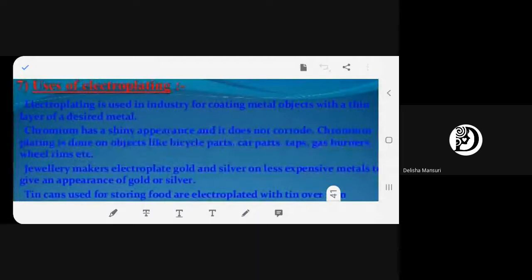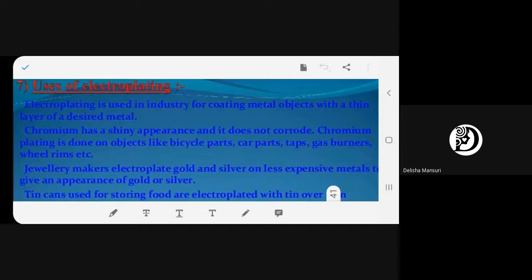Electroplating is used in industry for coating metal objects with a thin layer of a desired metal. Chromium has a shiny appearance and it does not corrode. Ma'am, what is the meaning of corrode? I will teach you everything. Finish it first.